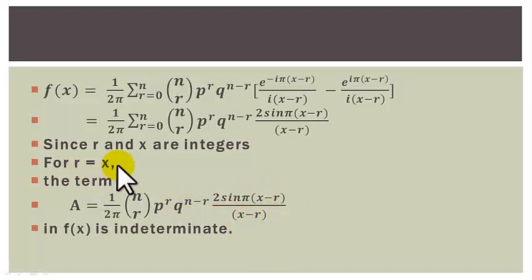For r equals x, what you have here will be sine 0 over 0. Sine 0 over 0 will give us 0 over 0, which is indeterminate. So what do we do in that case? When this expression is indeterminate, we have to take the limit as r tends to x, and that can be done by using L'Hospital rule.